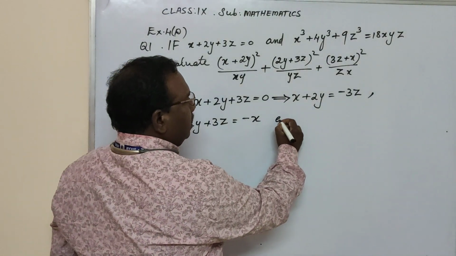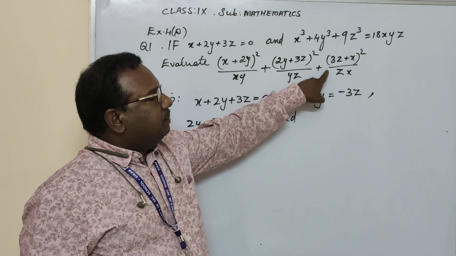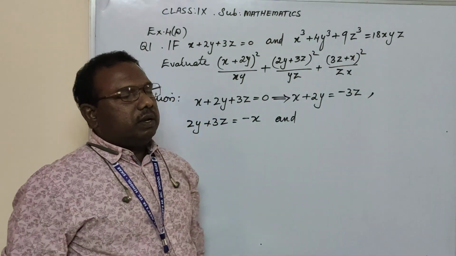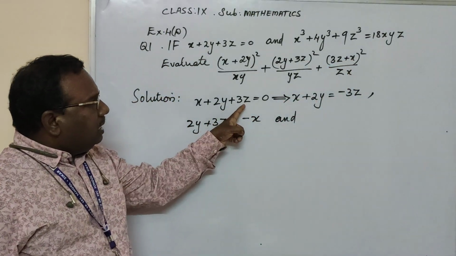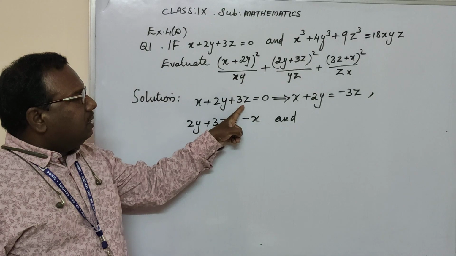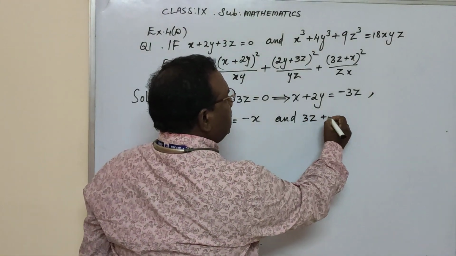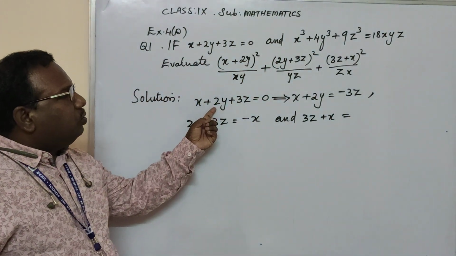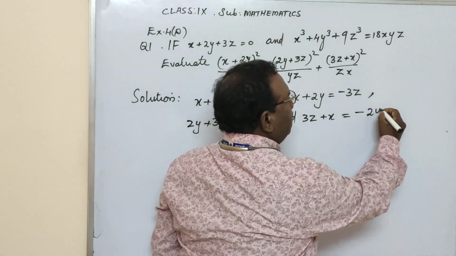And look at the third term. The numerator is 3z plus x whole square. We need 3z plus x. So 3z plus x is equal to, let's take this 2y to RHS, so that we get minus 2y.